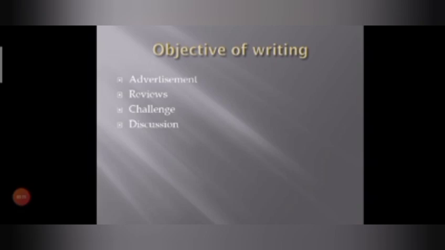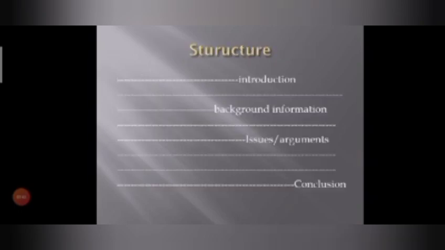Challenge is to argue against a point of view. Discussion is to discuss both sides of arguments. There are the following types of persuasive writing: newspaper editorials, essays, advertisements, political speeches, reviews, etc.